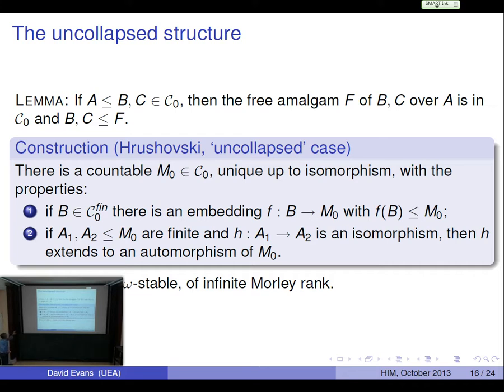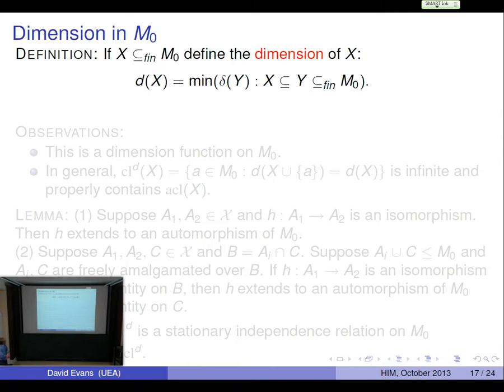Now, this is an interesting structure for many reasons from a model theorist point of view. It's omega stable of infinite Morley rank. But you know, it's a nice structure, even if you're not that keen on stability theory. Okay, so why does it have a dimension?